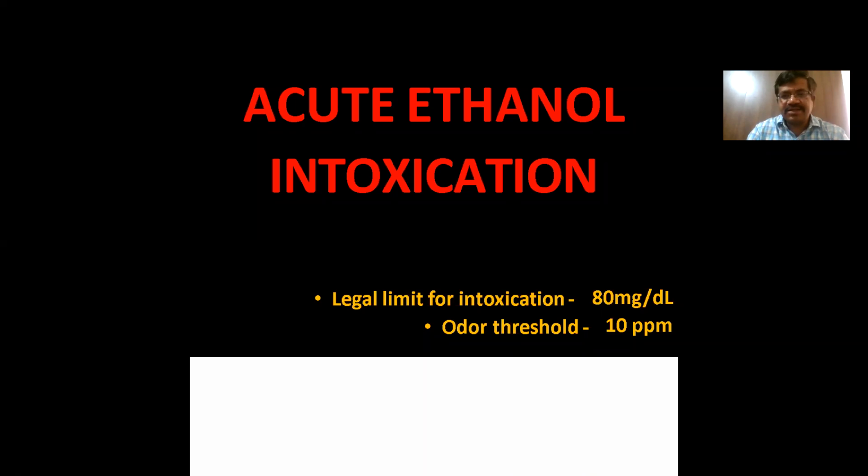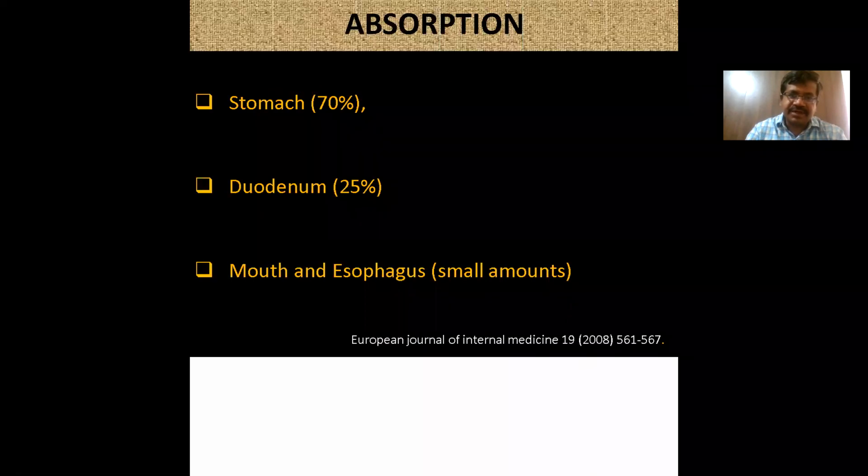Even the legal system doesn't say to totally avoid alcohol, but there should be limits which should not be crossed, because beyond these limits alcohol can show a lot of side effects.